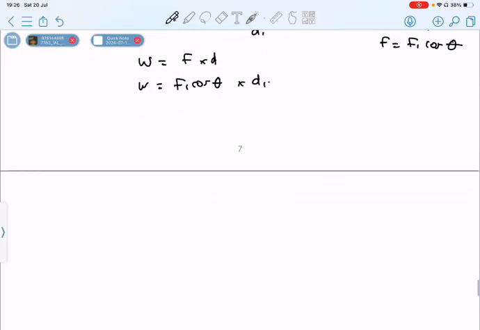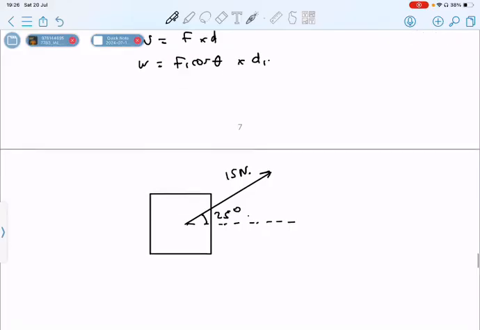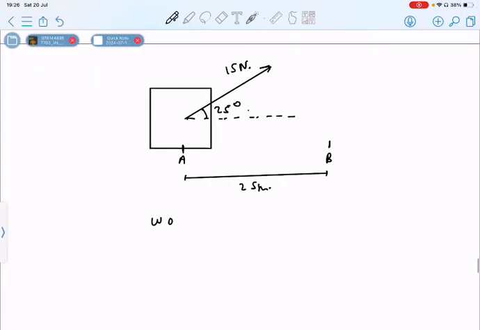Let's take an example. You have a box that is being pulled at a force of 15 newtons. The angle at which it is being pulled is 25 degrees to the horizontal, and the box moves a distance from A to B. That distance is 25 meters, okay? What is the work? Work is force times distance. However, we have not resolved the force. We can just draw the triangle here. This is 25 degrees.